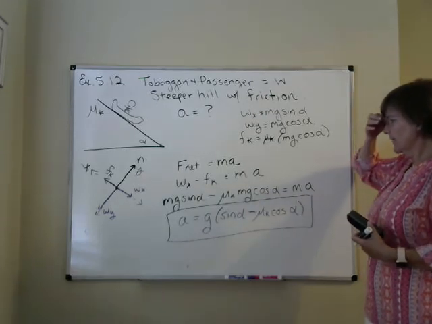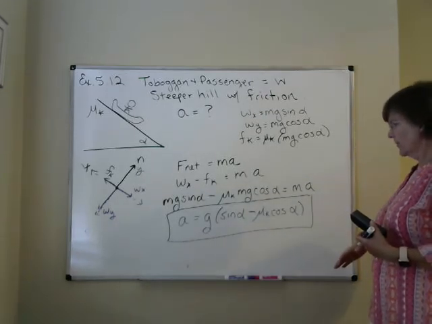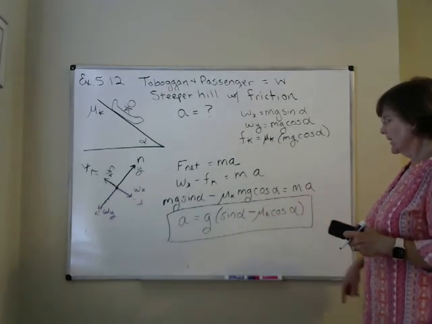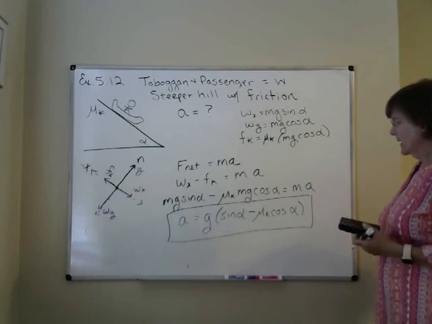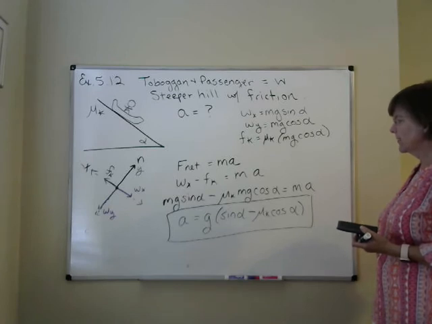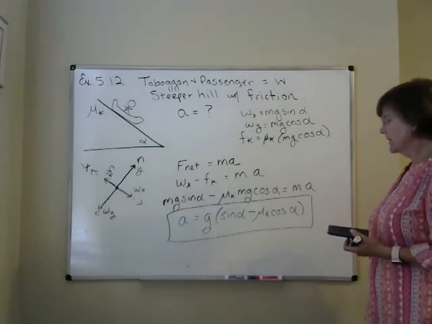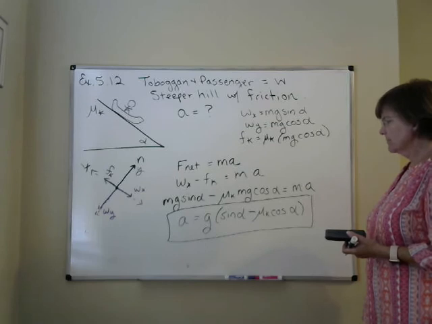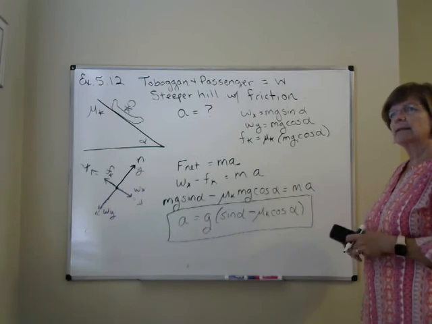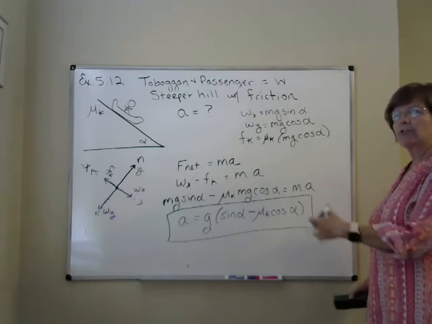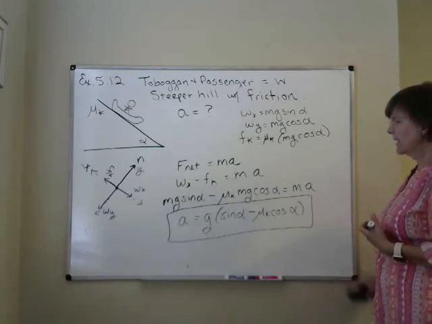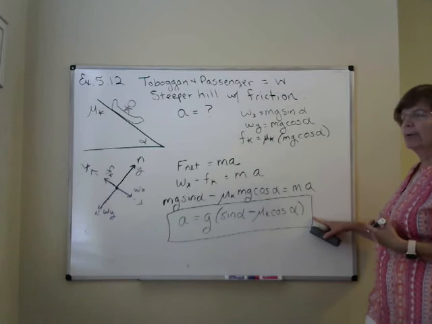Now, if this acceleration is 0, we can rearrange this and set that equal to 0, and we could solve for mu k, and we would find out that mu k is equal to the tangent of alpha, or the angle alpha would have to equal the tangent inverse of mu k. This supports our previous two answers.